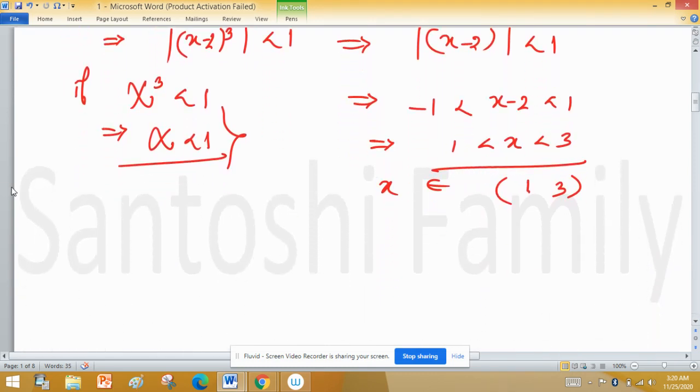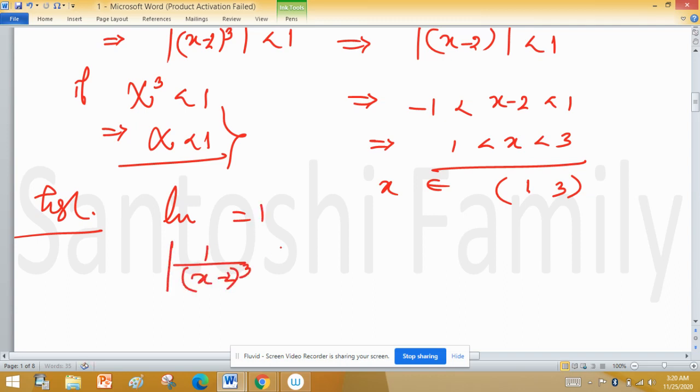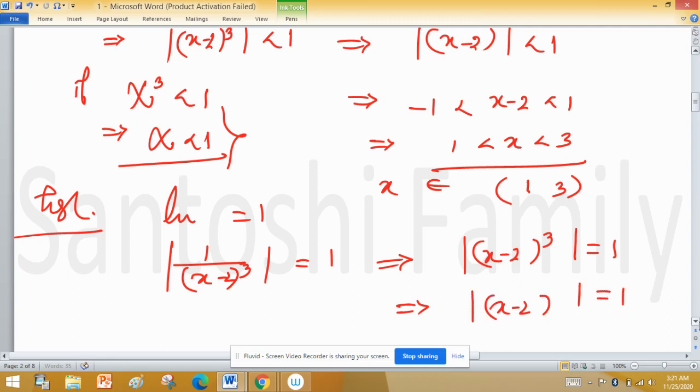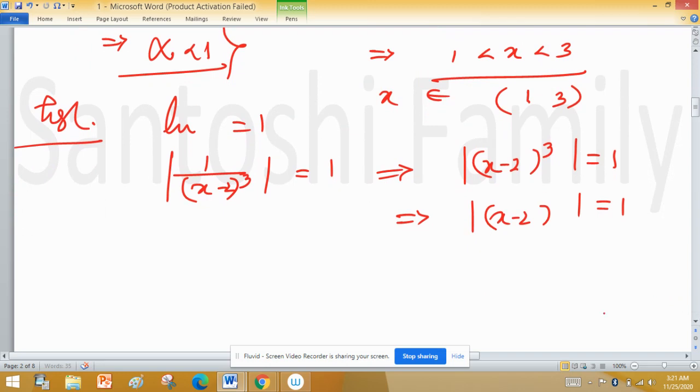But we have to test when this limit is equal to 1. That means 1 upon mod of (x minus 2) whole cube is equal to 1. If we apply the same procedure, then this implies mod of (x minus 2) cube is also equal to 1, and this implies mod of x minus 2 is equal to 1.